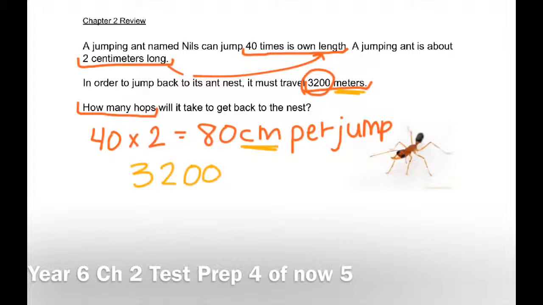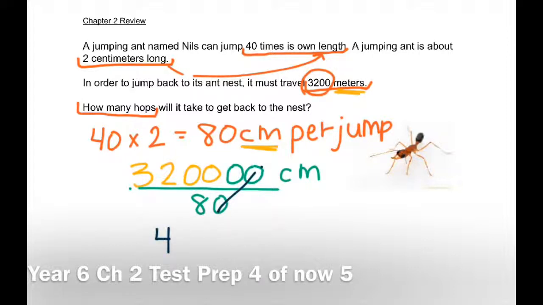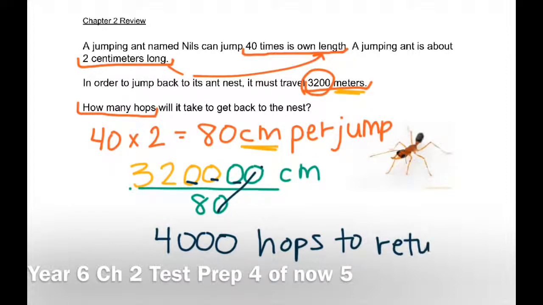So if we had the 3,200 plus 2 more zeros to make it into centimeters, and then divide it by 80, we'll find out how many hops it's going to take, or how many jumps. So first thing that I can see is we can cancel out these zeros that are here. And then 8 goes into 32 4 times. So we're done with that one. And then we have 1, 2, 3 zeros. So 4,000 hops to get back to the nest.